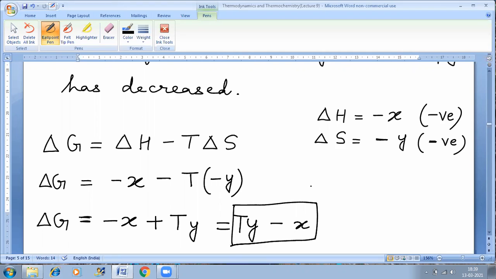If I want delta G to be negative, that means the value of T should be low. If the value of T is quite low, then Ty will be very low. If Ty is low, then Ty minus X will be a negative value.